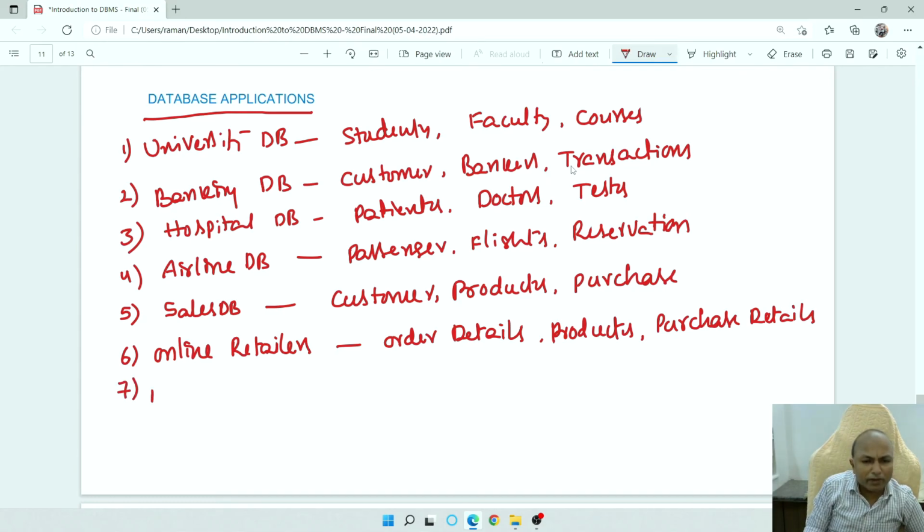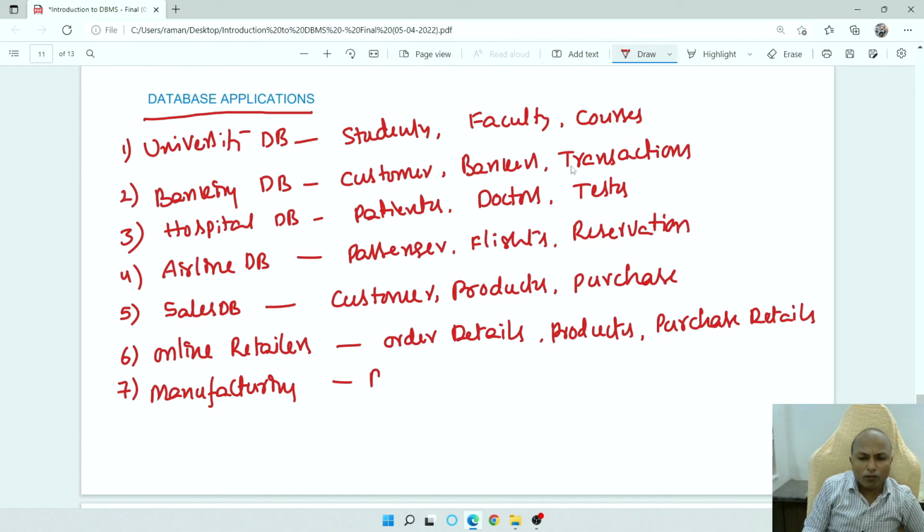And manufacturing. That means this is an industry. They are going to maintain the database. They are going to produce some products. For that, they need raw material, and they need to take care of each and every process.